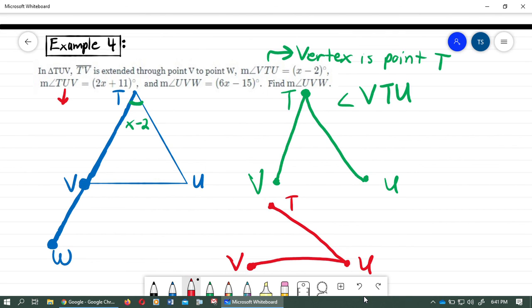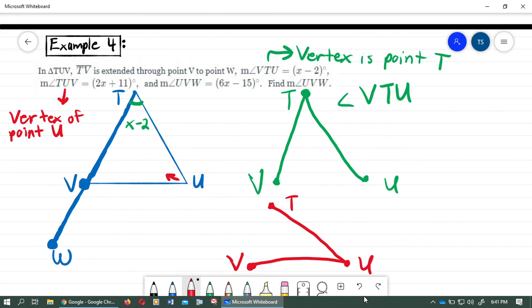All right, so angle TUV has a vertex of point U. All right, so angle TUV, that was this angle right here. I'm going to mark it a little bit different in red, the one that has a vertex of U, right?